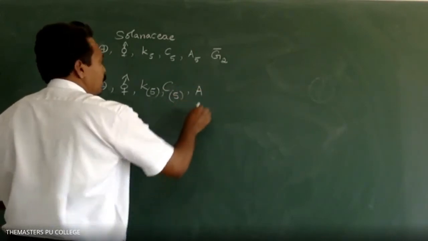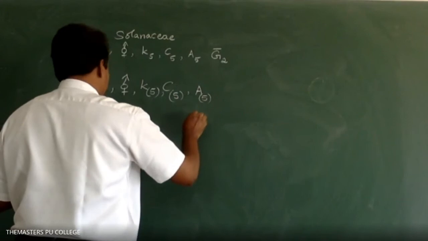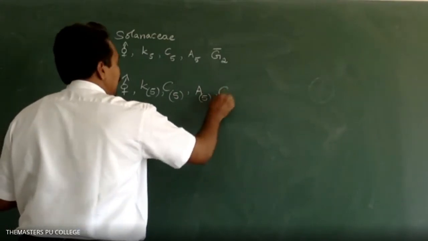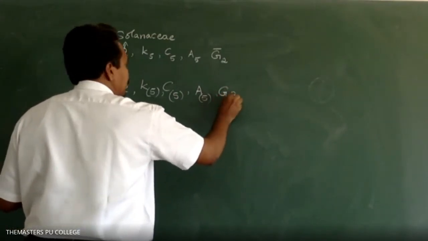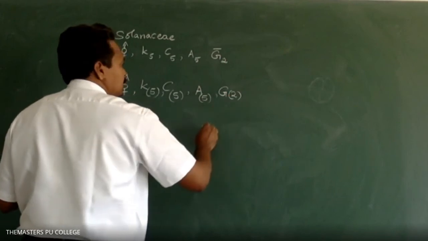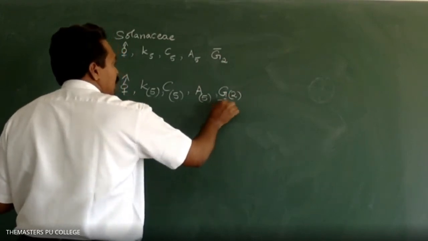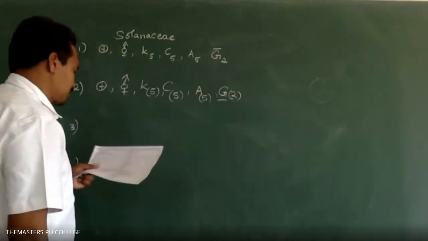Androecium, 5 stamens are there, fused. Gynoecium, two carpels are there, fused, syncarpous gynoecium, hypogynous. Flowers are hypogynous.